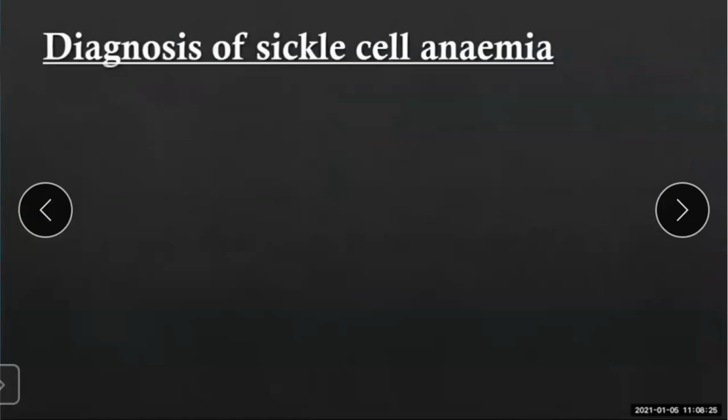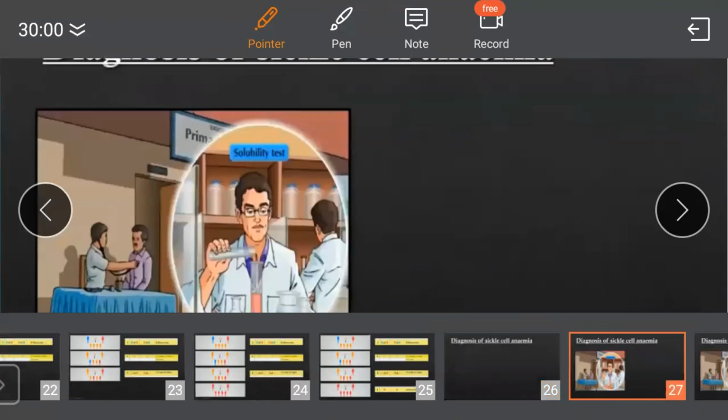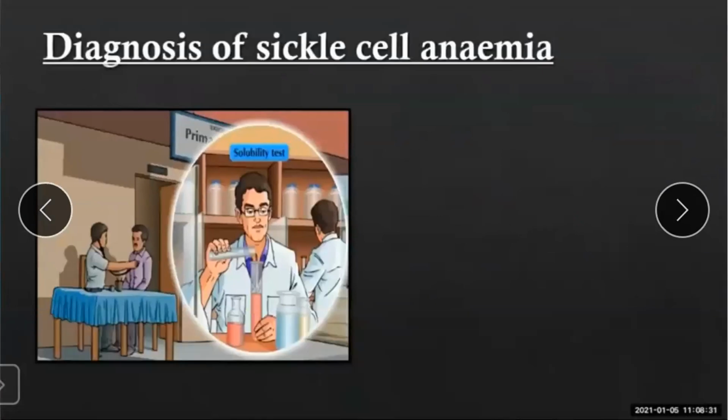Under the National Health Mission scheme, see here, the solubility test for diagnosis of sickle cell anemia is available at all district hospitals. This facility is provided in all the hospitals for diagnosis of sickle cell anemia, and the test is the solubility test.